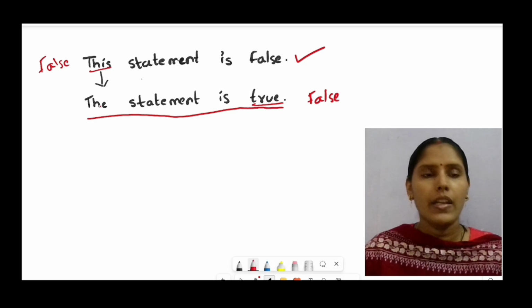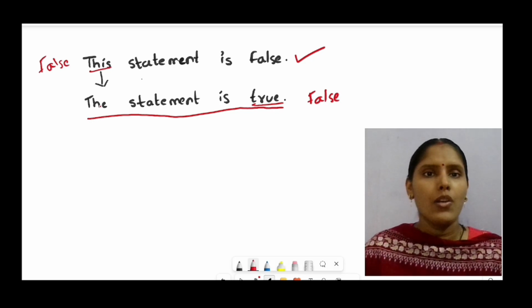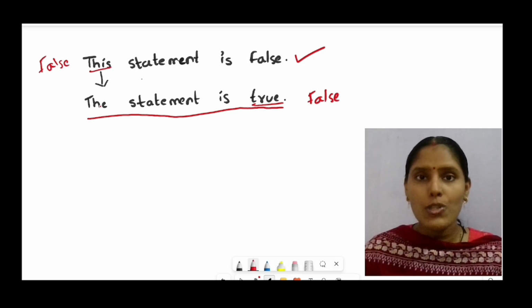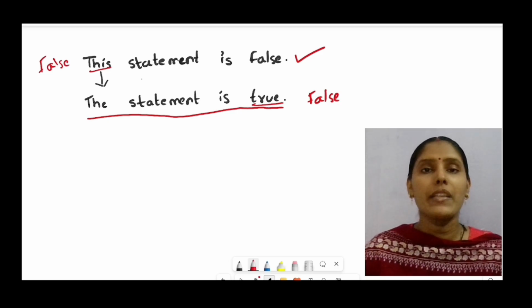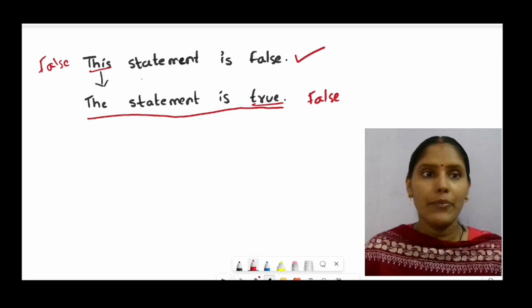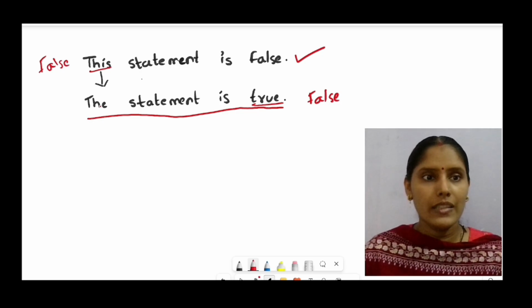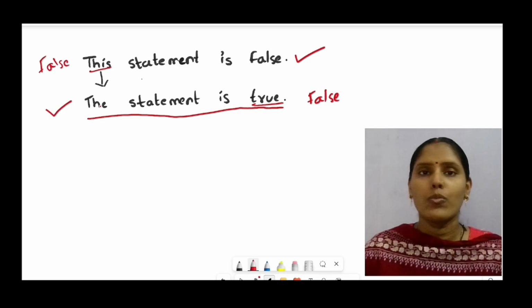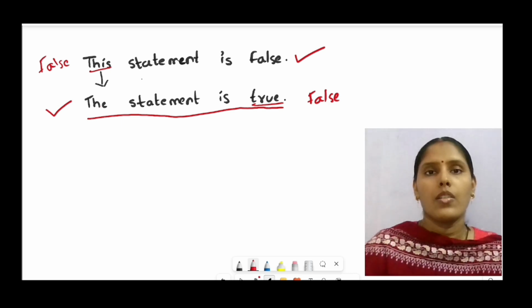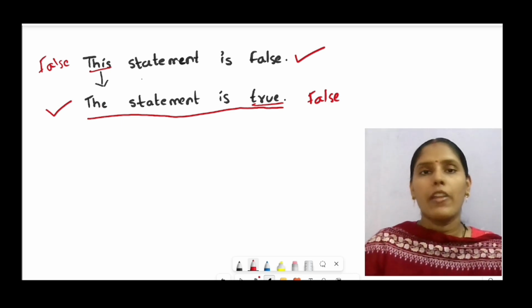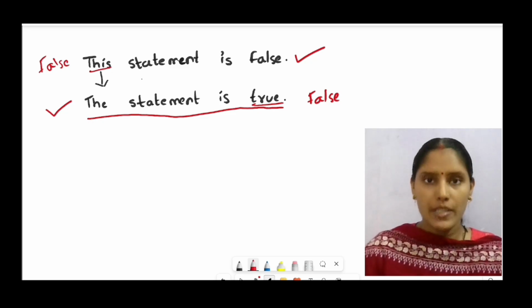It is false to say that it is false, which means the second statement is true. So again, in this case also, both the statements are consistent. There won't be any problem if we distinguish between the meaning of the statement and the truth of the statement.